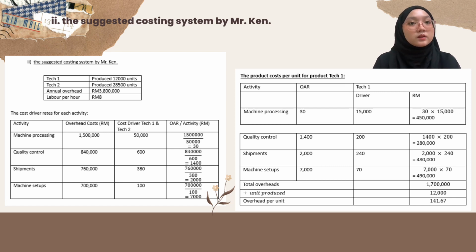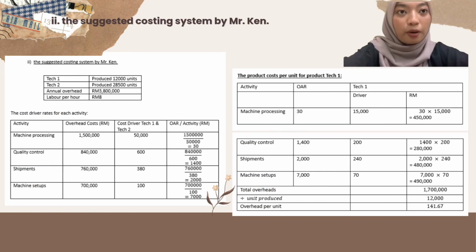Quality control overhead cost is 840,000 divided by 600, and the answer is 1,400. Next, overhead cost for shipment is 760,000 divided by 380, and the answer is 2,000. Lastly, for machine setup, overhead cost is 700,000 divided by 100, and the answer is 7,000.